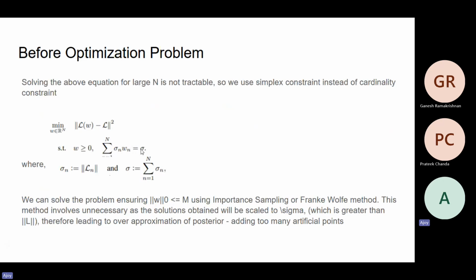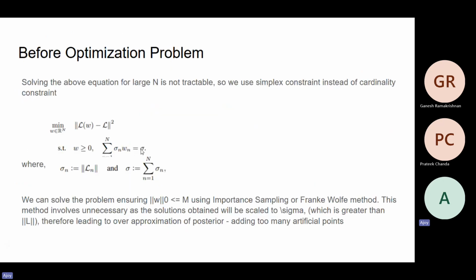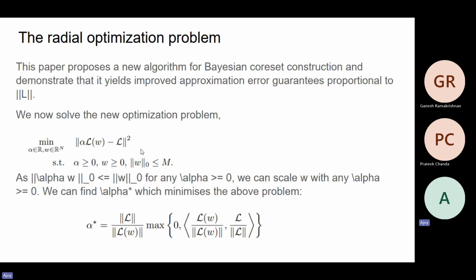So this paper proposes that this simplex constraint problem would give an overweighted one, and hence we will introduce a new radial optimization problem. I will now tell what the radial optimization problem will be. First we will show that by scaling the weight vector with alpha, we will not change the zero norm.